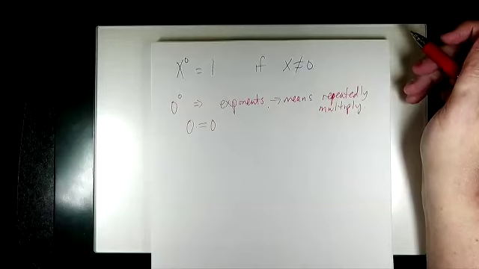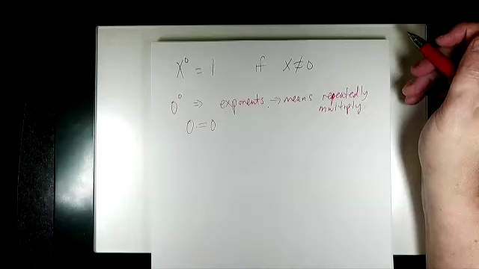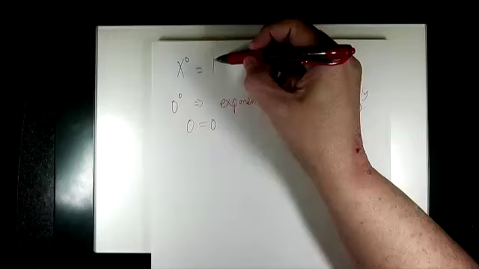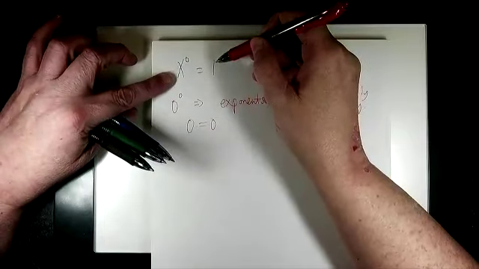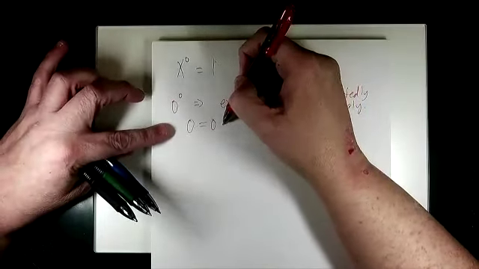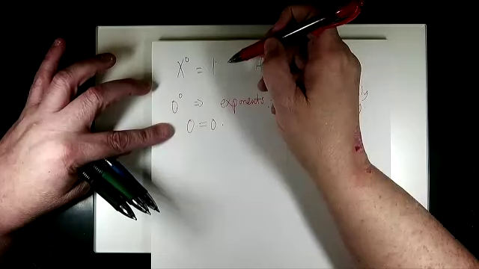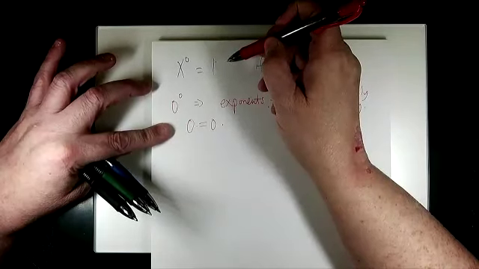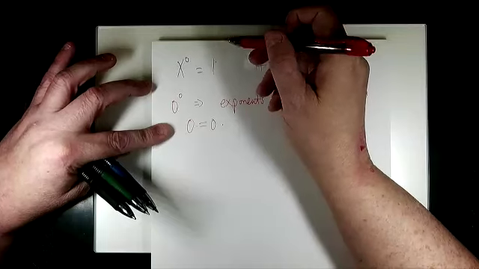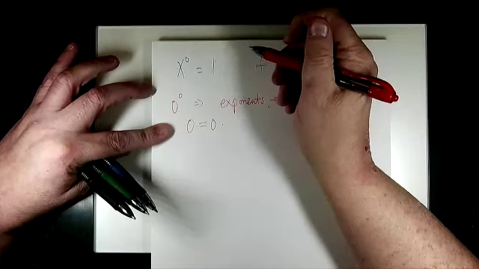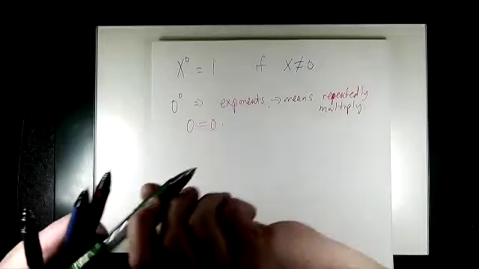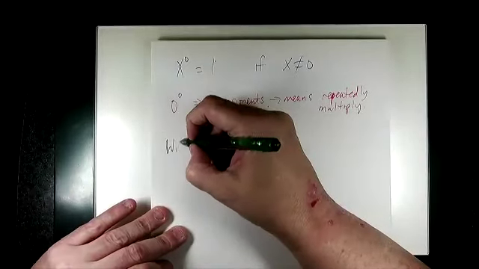If the calculator says it, it must be true. Calculator's never wrong. So it's got two conflicting things. We're saying it should equal 1, and this says it should equal 0. There's a conflict there. Just treat it as a conflict. It's unresolved until you explore it in calculus.